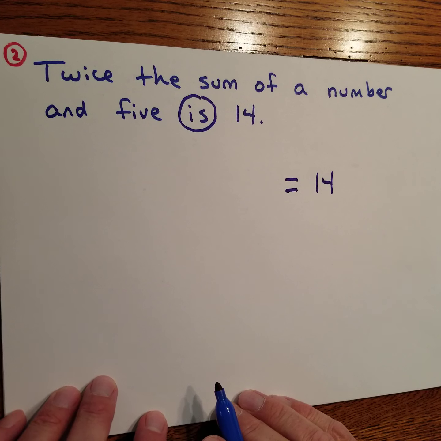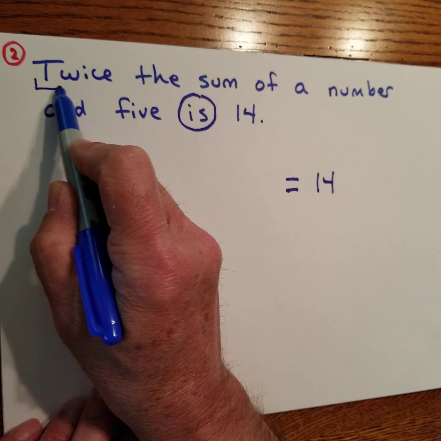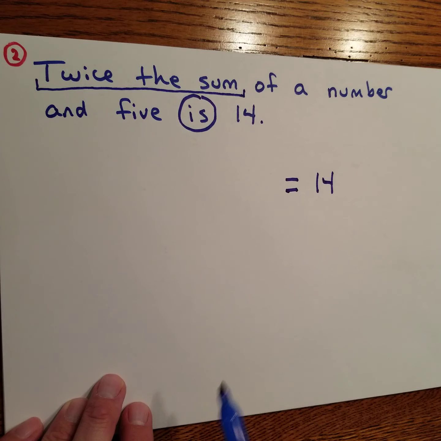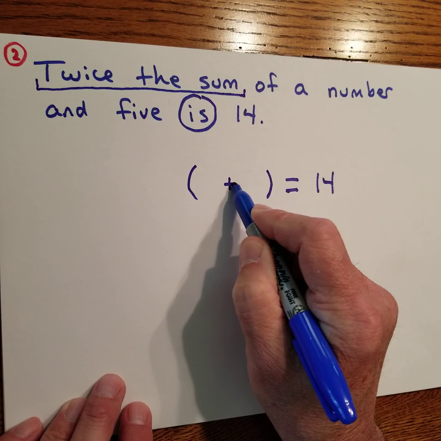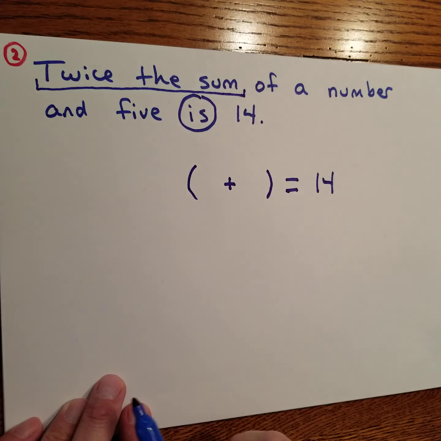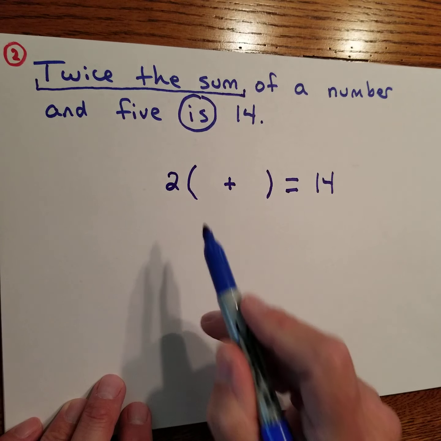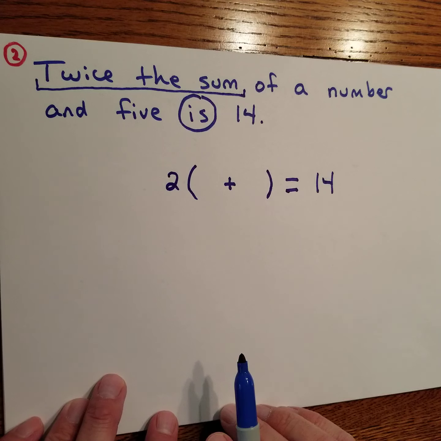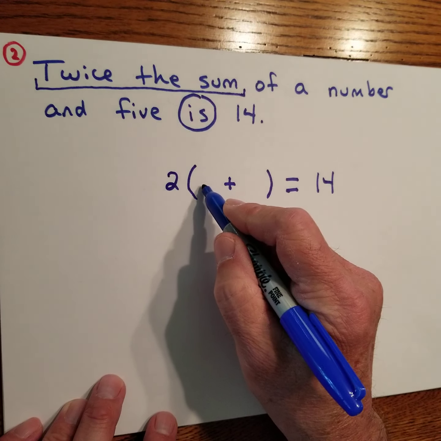Now, before the equal sign, we have a phrase that pops up often. Twice the sum. As soon as I see that phrase, I know I need parentheses. Sum implies to add. I want twice the sum, which means multiply this addition problem by 2. Here's twice the sum. Now the sum of what and what? The sum of a number and 5.